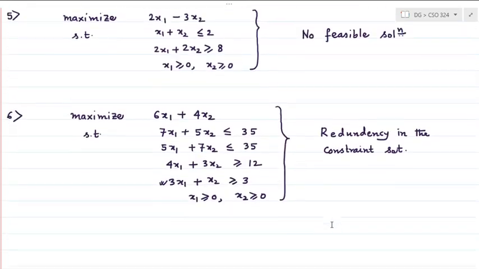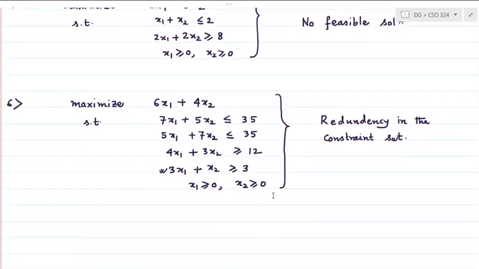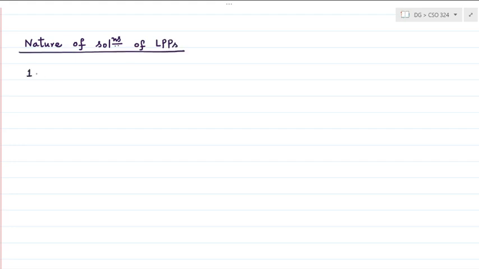So if I just collect them and note them out, you will find that there are 5 possibilities of nature of solutions of LPPs. Those are: the first, unique solution.